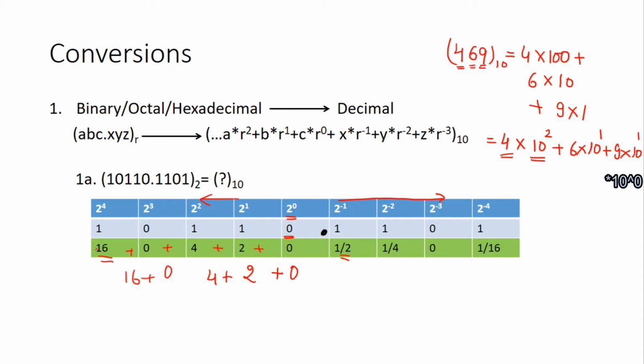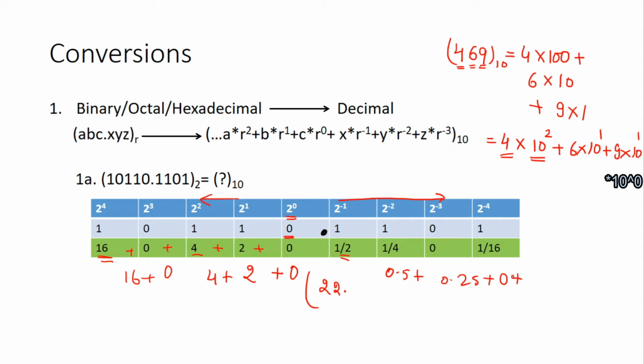So what will this value be? 16 plus 4 is 20, then 22 point, and if we add all of this, then it would be 0.5 plus 1 by 4. 1 by 4 is what, 0.25 plus 0 plus 1 by 16.